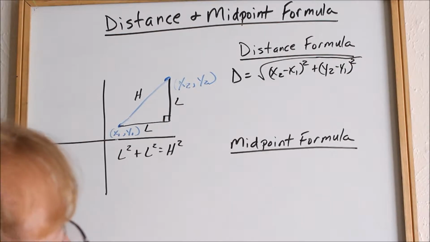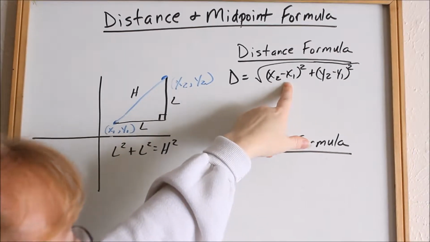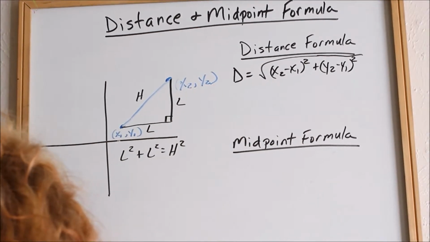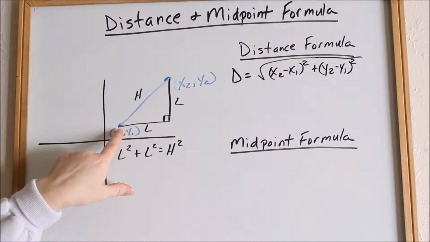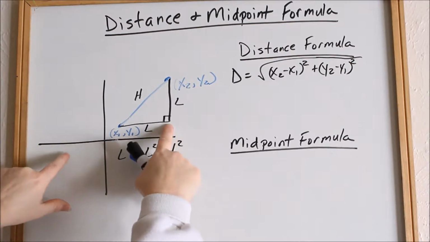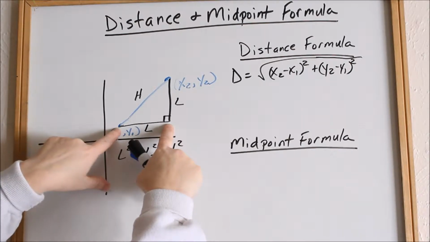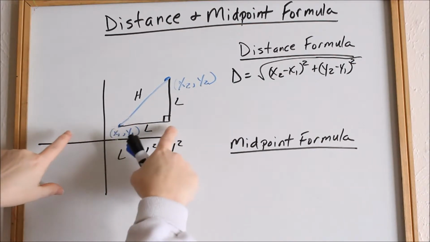When I take the difference of my x-coordinates, I am finding the length of a leg. If I went back to my triangle, the difference of my x-coordinates, if I go this distance x and then this distance x, and I subtract the 2, I'm going to find the length of that leg.